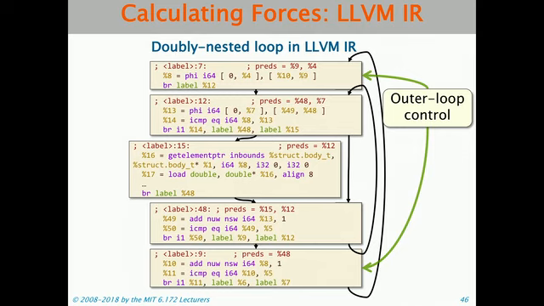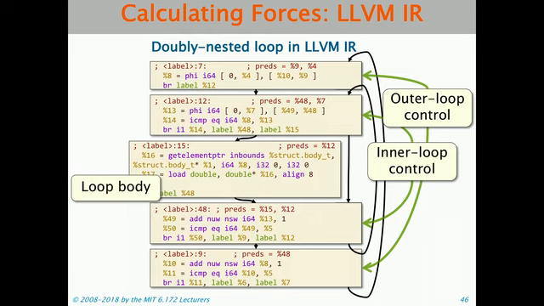This should look familiar from lecture 5, hopefully. Inside of that outer loop, we have an inner loop. And at the top and the bottom of that inner loop, we have the inner loop control. And within that inner loop, we do have one branch which can skip a bunch of code if you're looking at the same body for I and J. But otherwise, we have the loop body of the innermost loop.